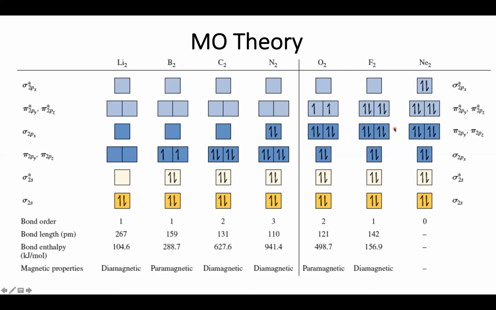Fluorine, even though the system is chock full of electrons, now I fully am tearing the system apart, and all I've got holding on the system is a single sigma bond. And by the time you get to neon, well, turns out there's a reason you don't see diatomic neon. There's just too many electrons to allow this system to come together. It naturally will pull itself apart.